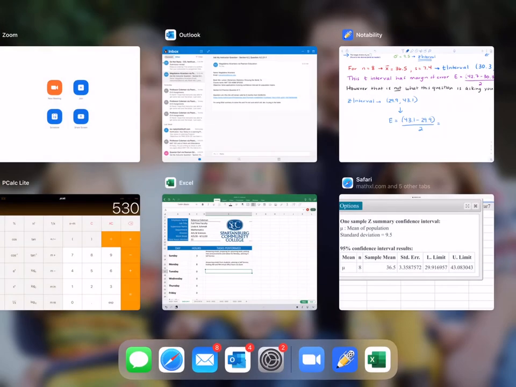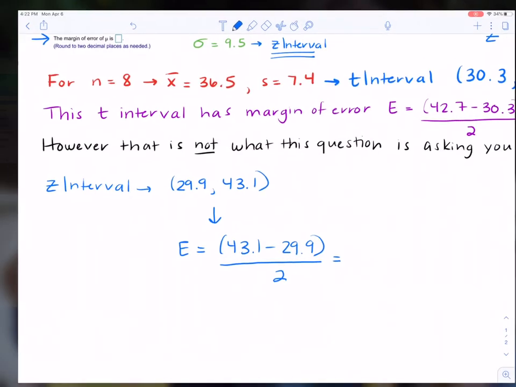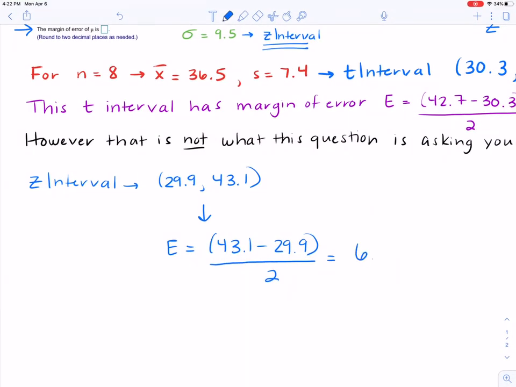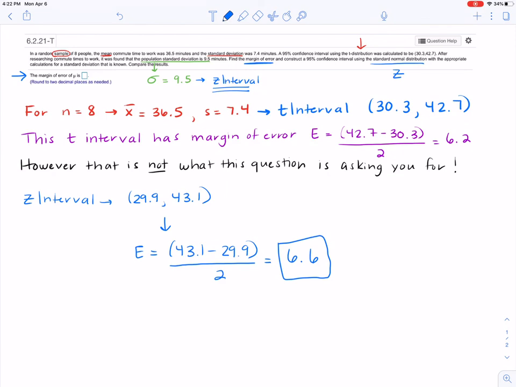So I'm going to go to my calculator now. I'm going to take my 43.1, subtract my 29.9, that's the width of the interval, divide it by 2, and this interval will have a margin of error, not at 6.2, but a margin of error at 6.6.